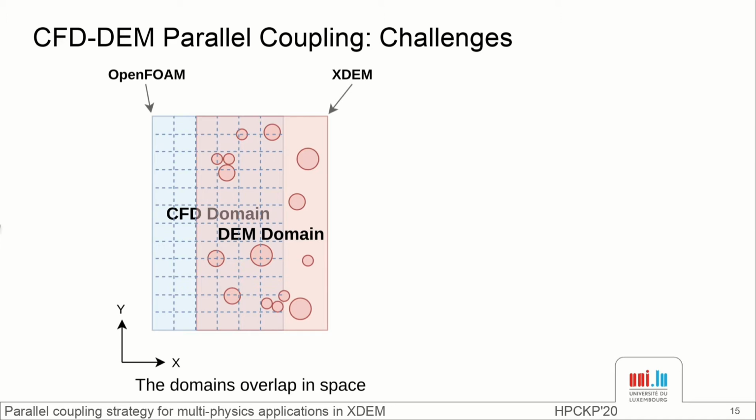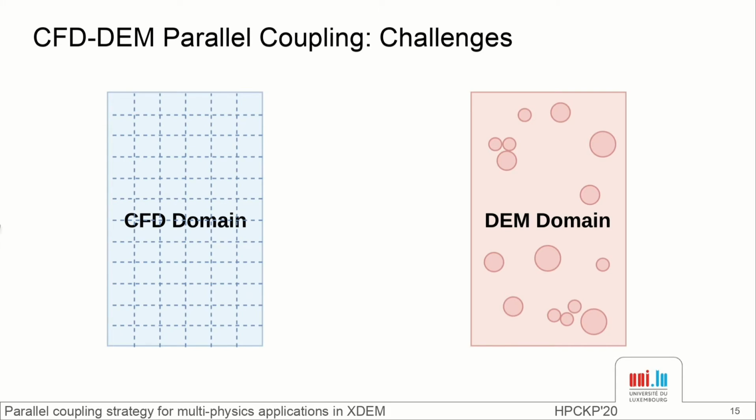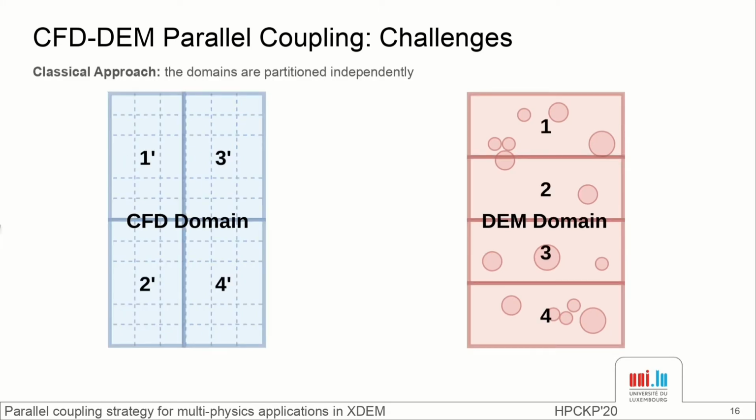So let's go a bit more in detail about what happens. We have two domains overlapping. One is a CFD domain for the fluid, and another is a DEM domain with the particles. The two domains overlap in space. Now let's look at them separately and consider the classical approach. In the classical approach, the two domains are partitioned independently.